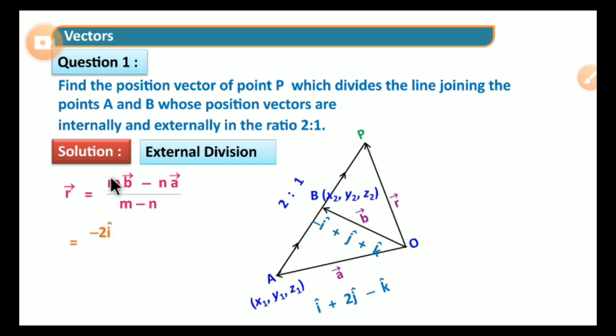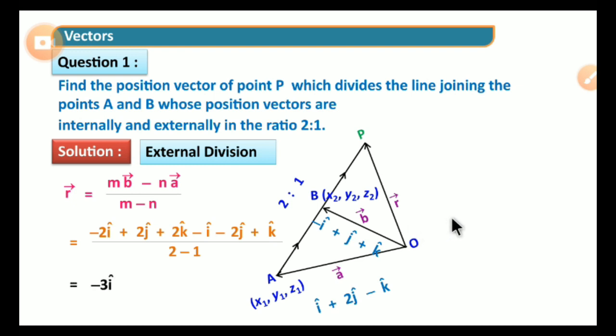After multiplying 2 to this B vector, it becomes minus 2i plus 2j plus 2k. Minus n means n is equal to 1, so we have to multiply minus 1 to this vector A, so it becomes minus i minus 2j plus k, divided by 2 minus 1.